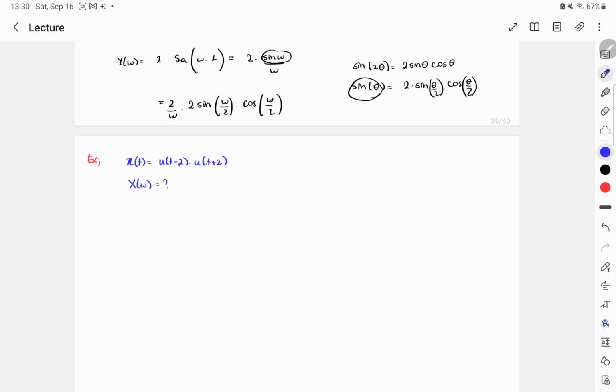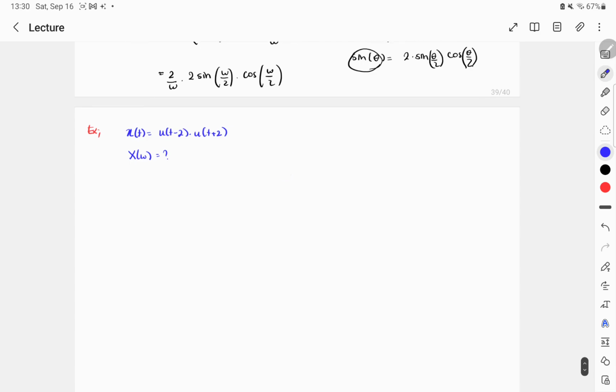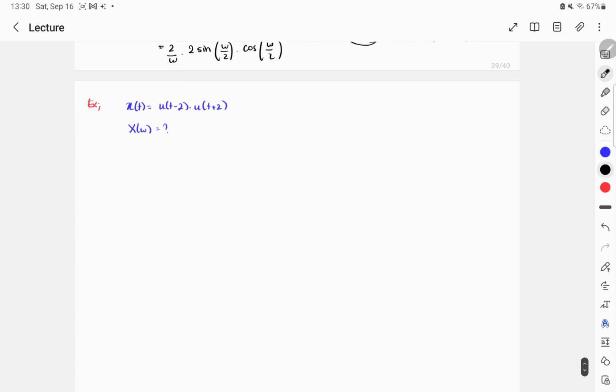So our example tells us that we have a signal x in the time domain, and it is equal to the unit step function u(t minus 2) times the unit step function u(t plus 2). And we are asked for its Fourier transform. So what do we do here? First, let me show the graphs themselves. u(t minus 2) will be a graph like this.